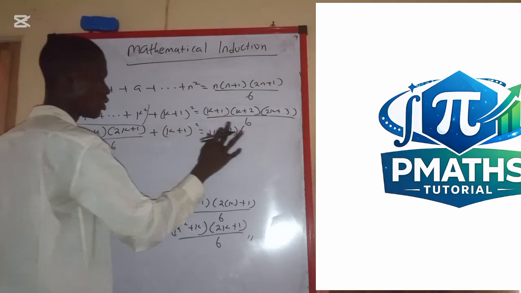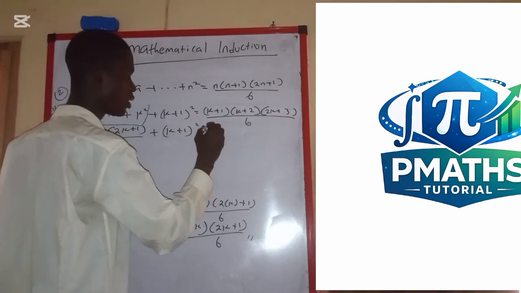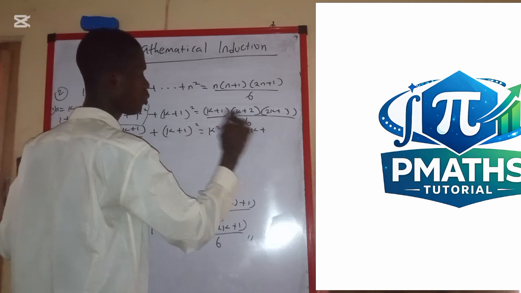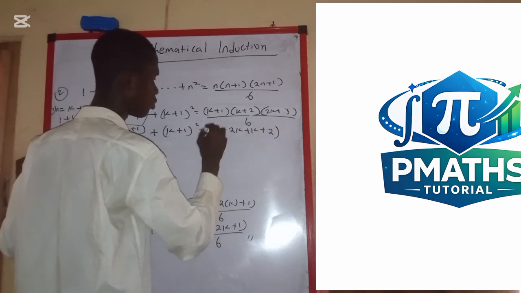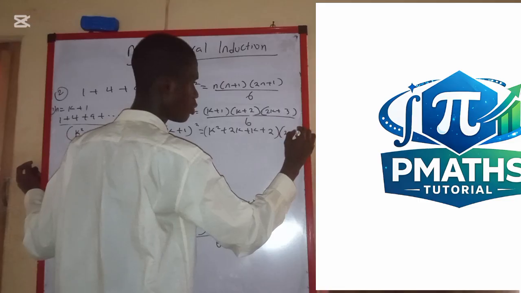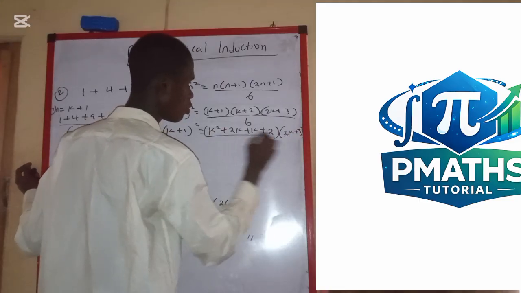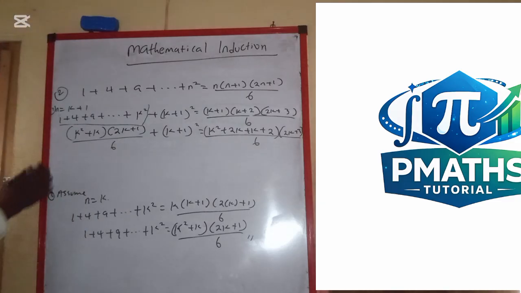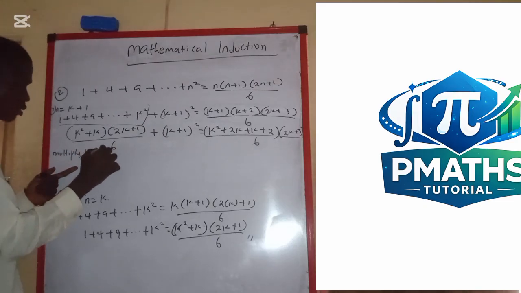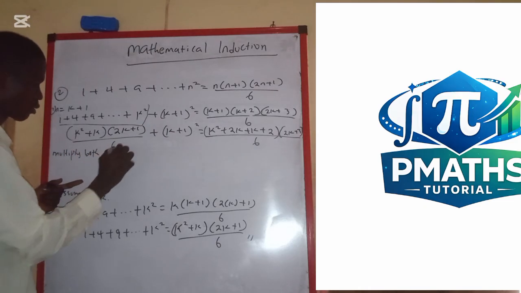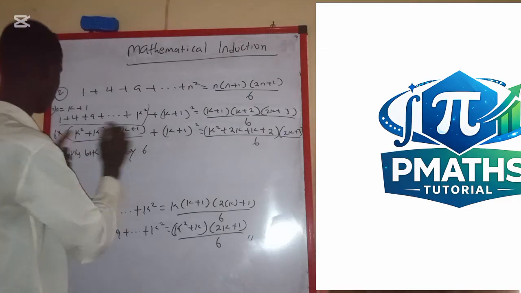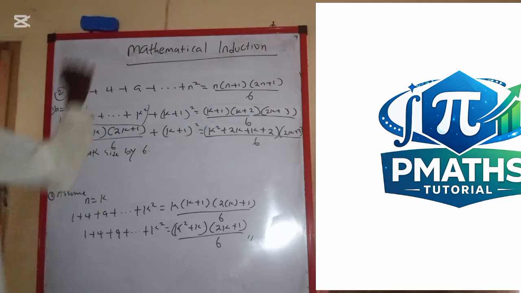So you can just open this bracket as k squared plus 2k plus k plus 2, that's 2k plus 3, over 6. Then multiply both sides by 6. Let me write it down here.